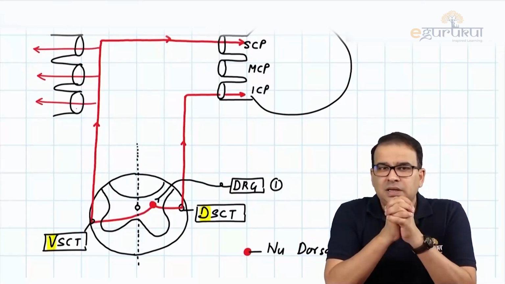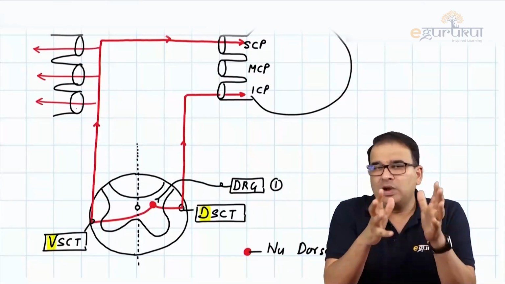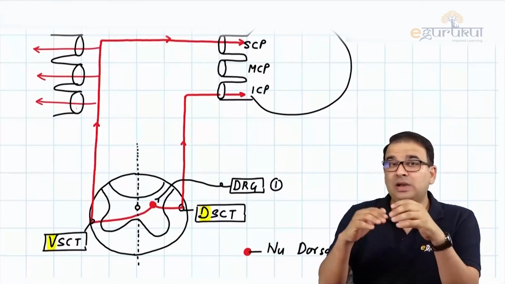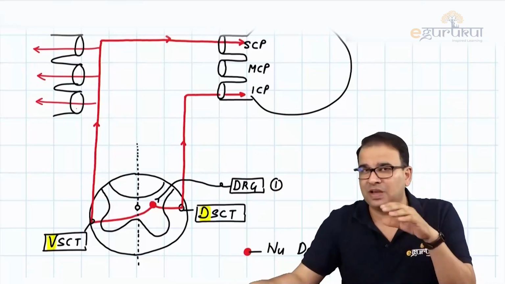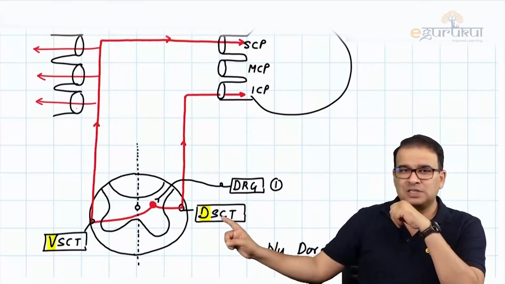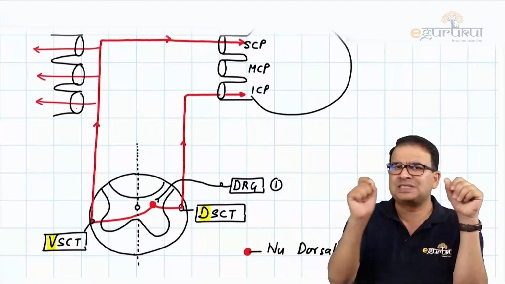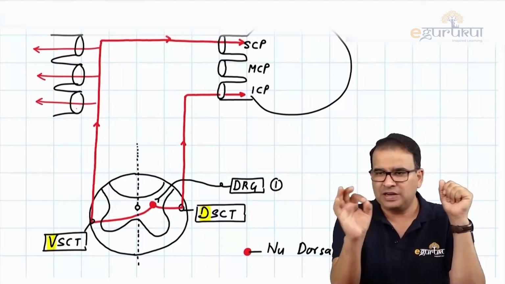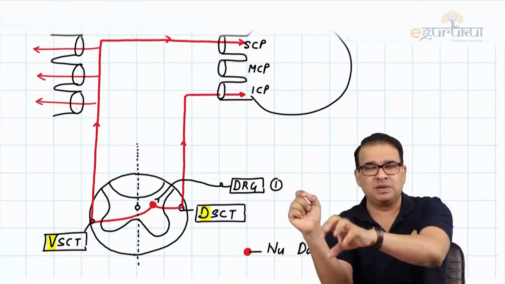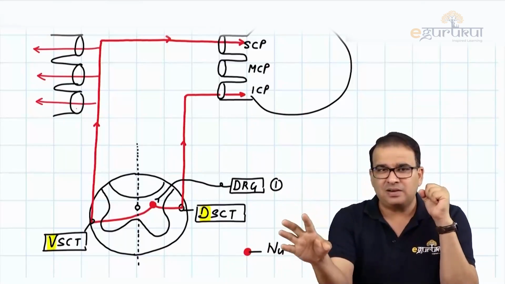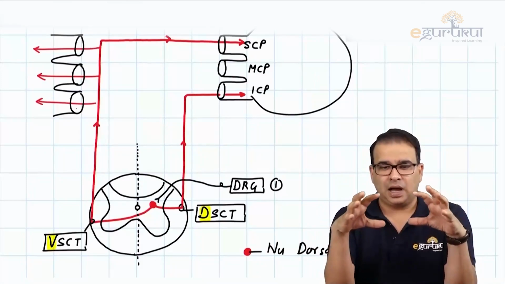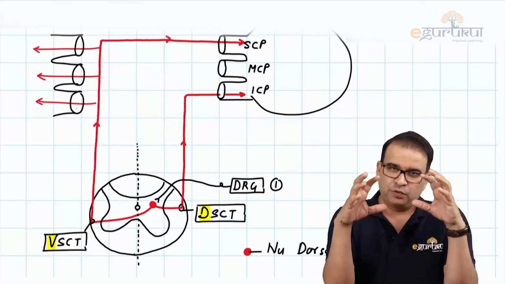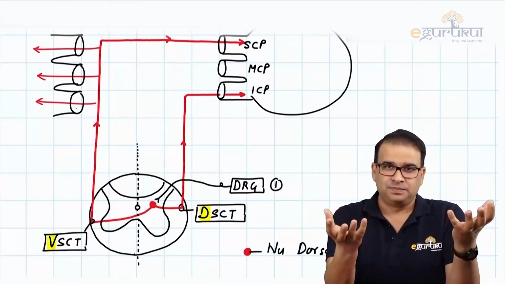Now another question here: is this the only function of the ventral spinocerebellar tract? Is this the only difference between the dorsal and ventral spinocerebellar tracts? No, this is not the only difference. We have some other differences also. The dorsal spinocerebellar tract is known for precise unconscious proprioception from individual muscles or something like that. But the ventral spinocerebellar tract, as I already used the word vague, carries the unconscious proprioception from that region as a whole.